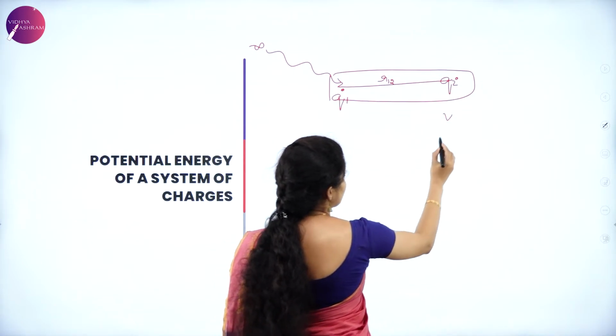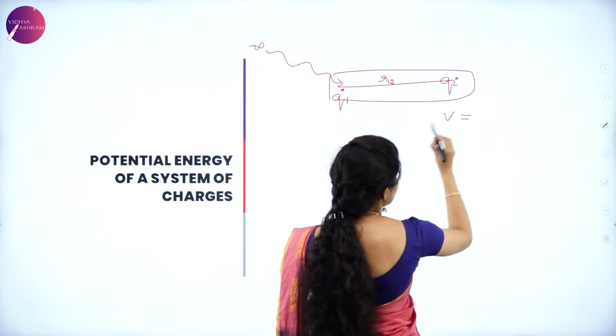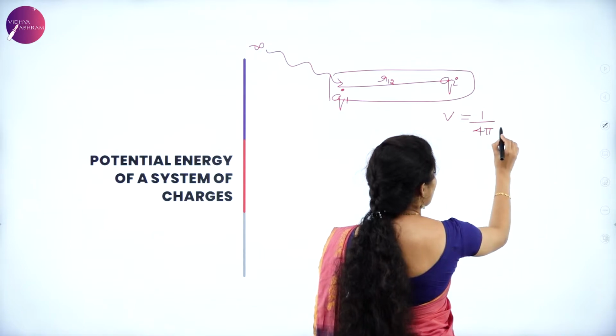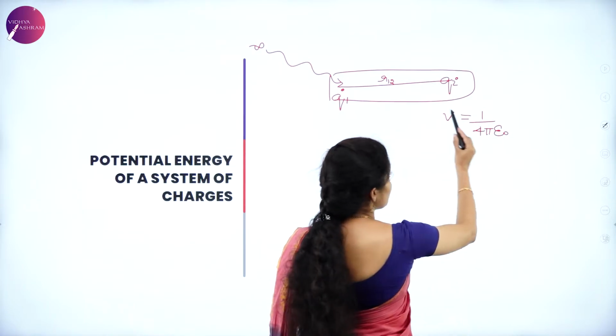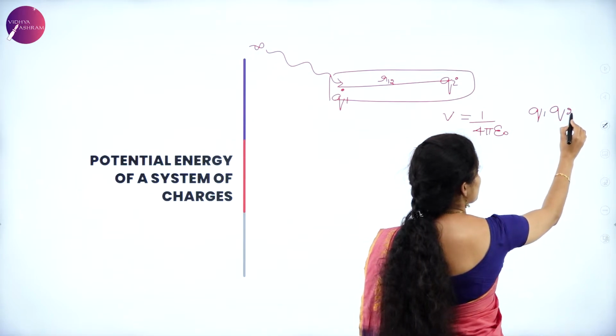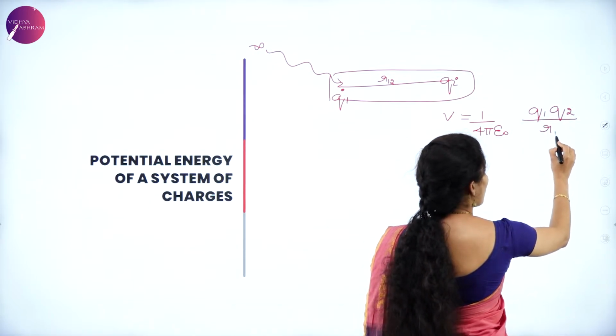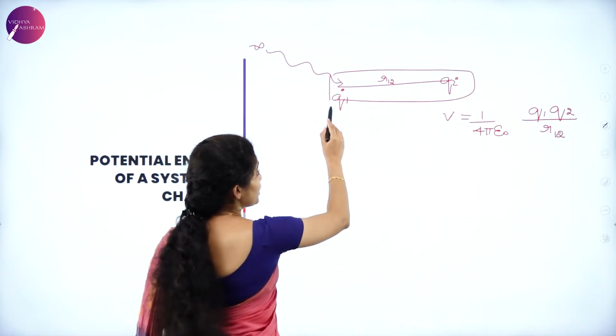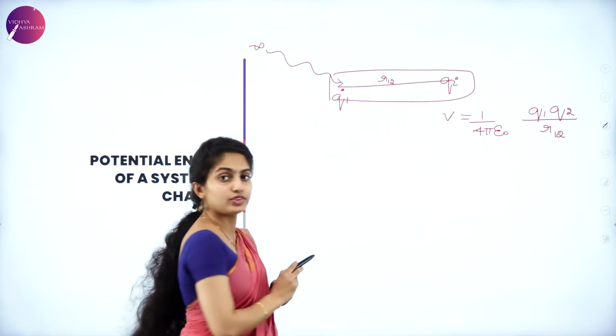You can just call it the potential V is equal to 1 by 4 pi epsilon naught. The potential on Q2 by Q1 can be given as Q1 Q2 divided by R12. So this is only due to a system of two charges.